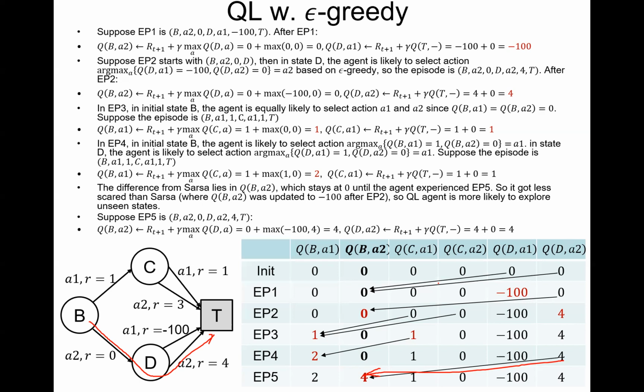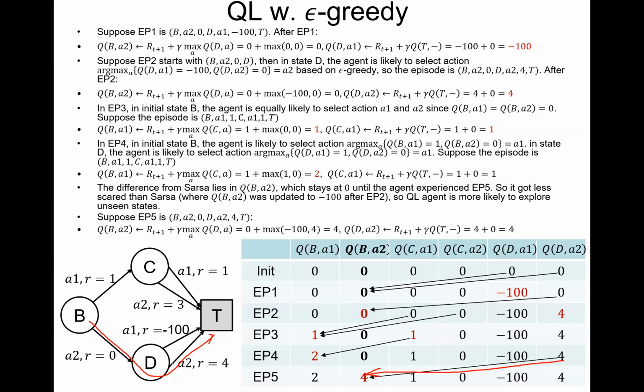Even though from D it has seen a very bad action, because the initialization values are 0, it thinks there may be a better action waiting for you at D. So it's not afraid to try to go to D again. Whereas for Sarsa, as soon as it has seen this -100 from D, it's very scared and pretty much never tries it.